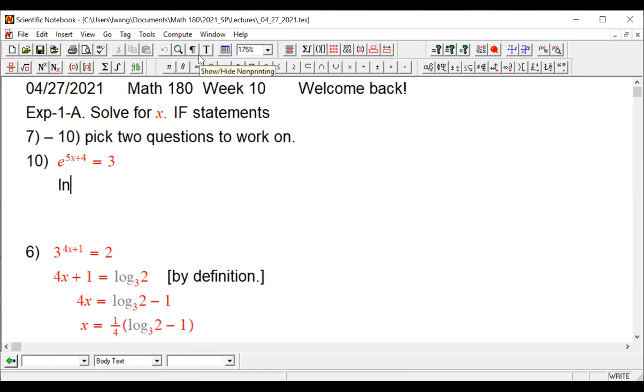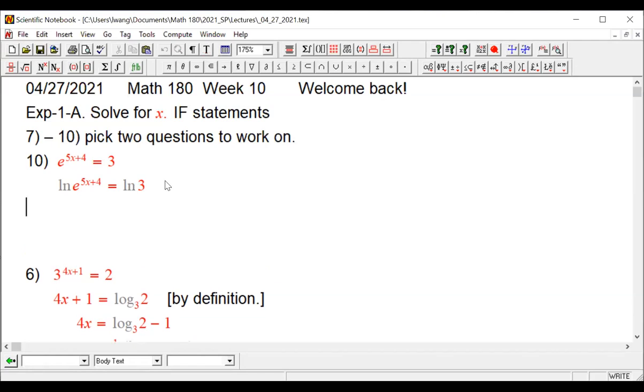So we take ln on both sides, and then what do we get?